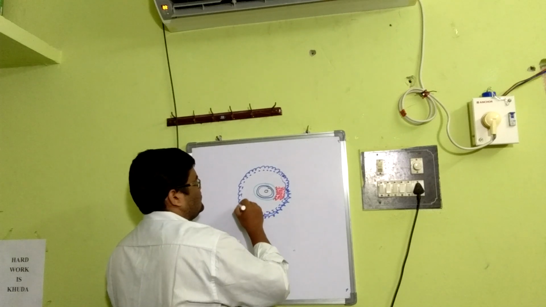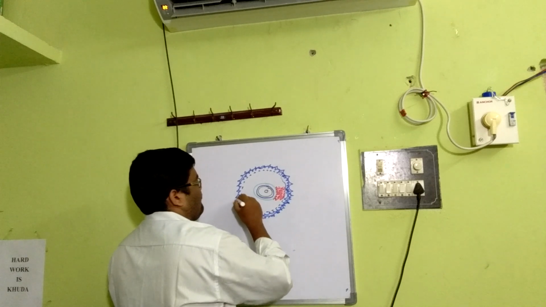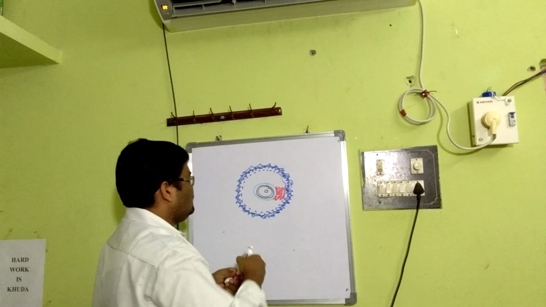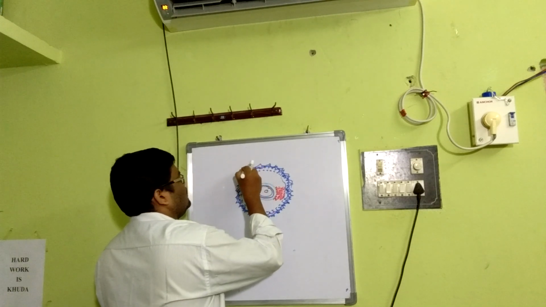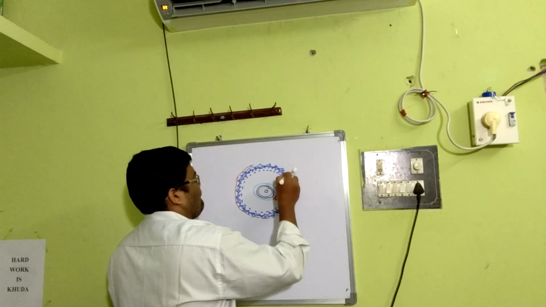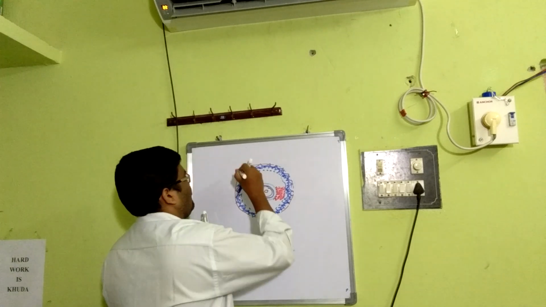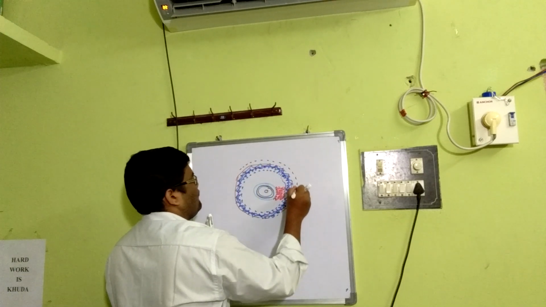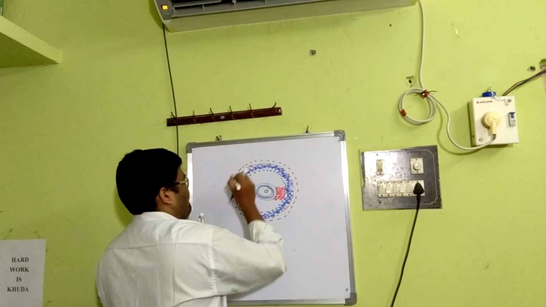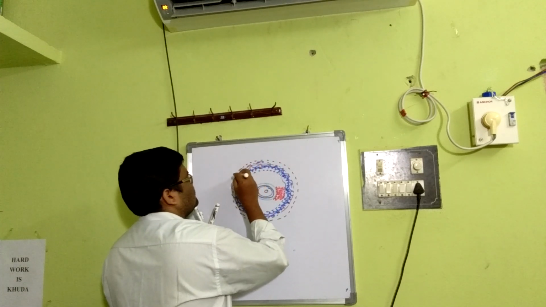Then after the basal lamina, there will be theca interna and theca externa. Whereas these are intricate blood vessels between the two.